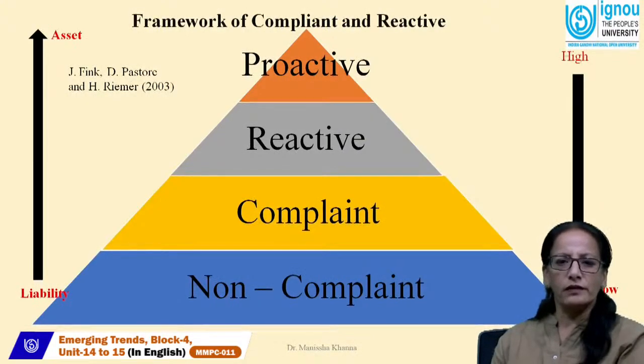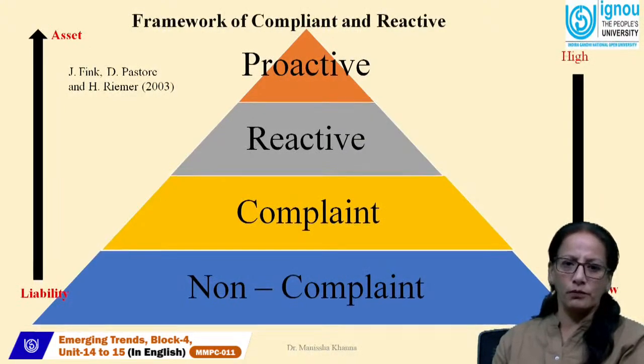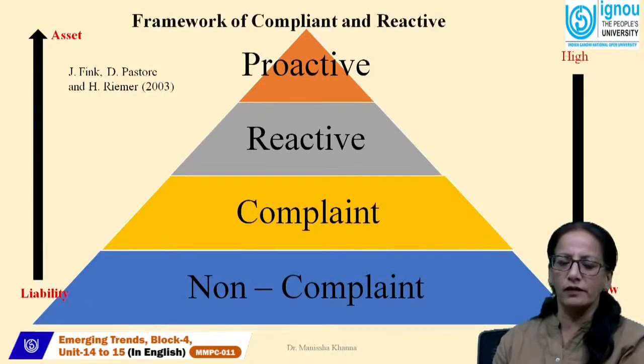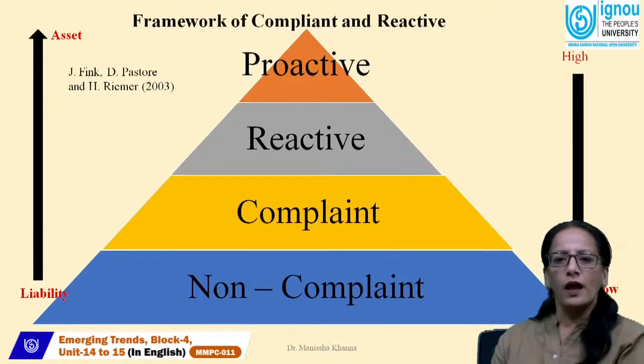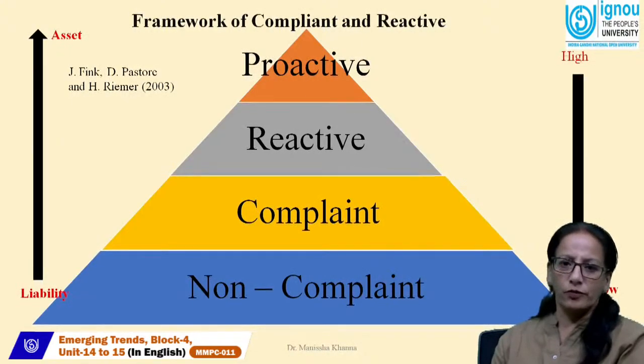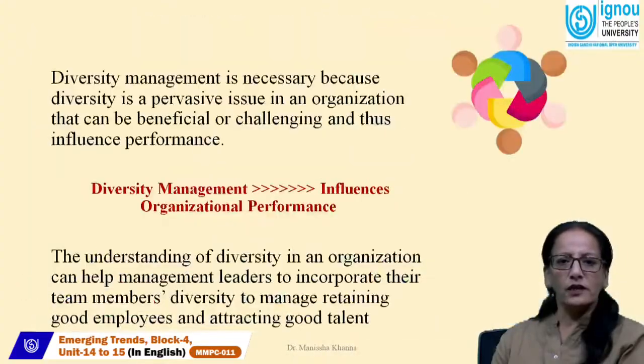And when the workforce or employees consider themselves an asset of the organization, here on a very high mode, then they are the proactive people. So let's see in detail about all these people in further slides.